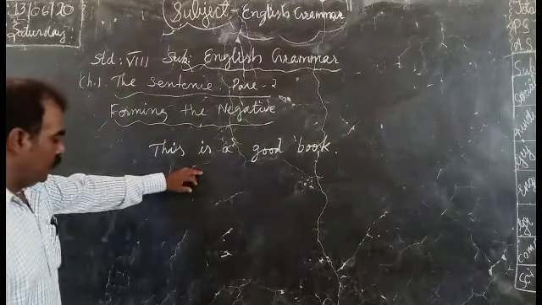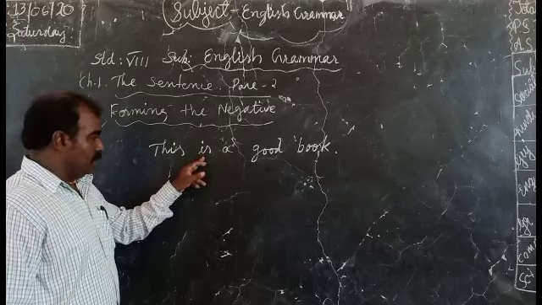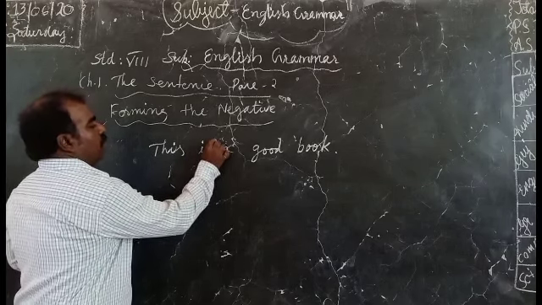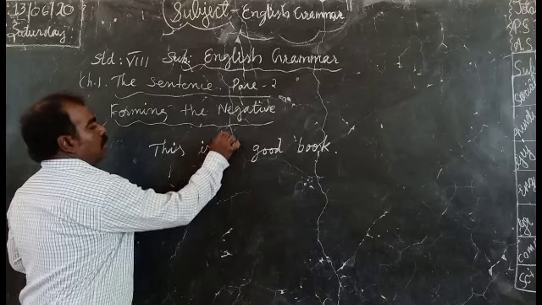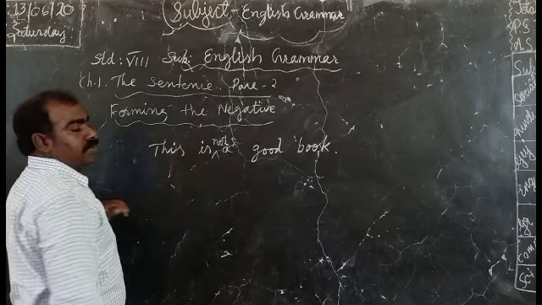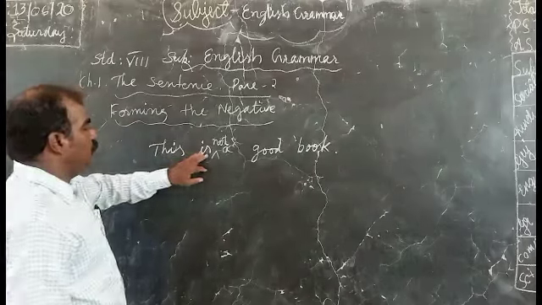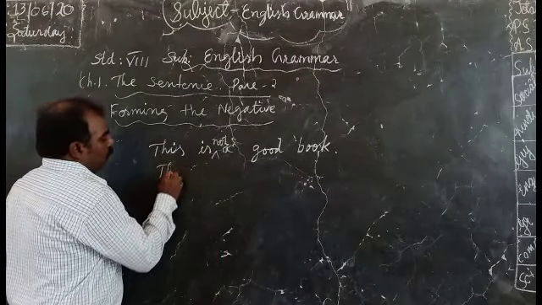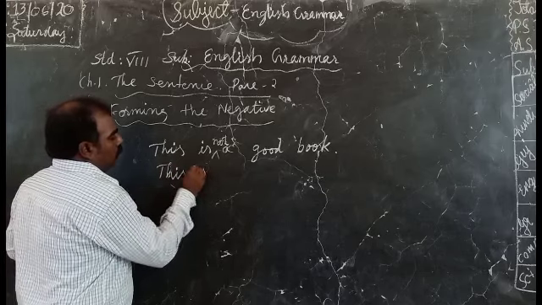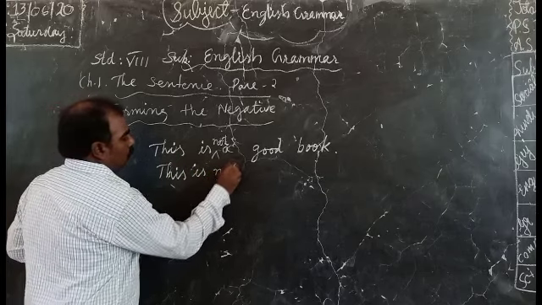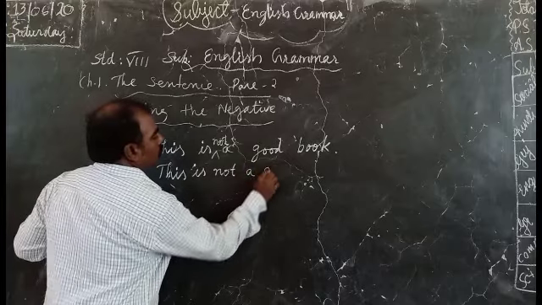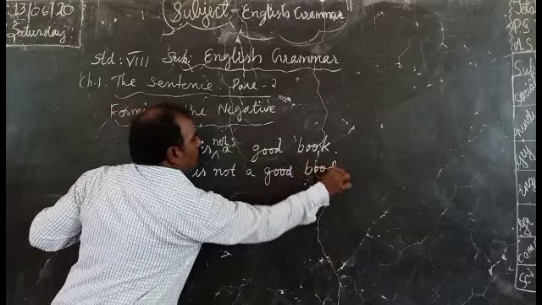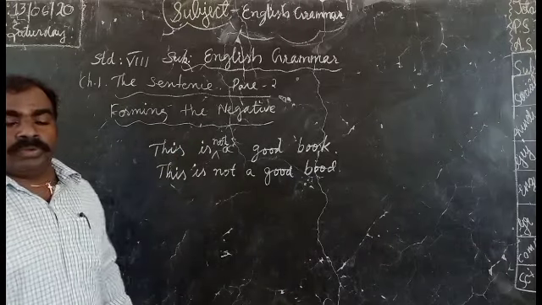What is the auxiliary verb here? It is "is". So we add the negative word not after the first auxiliary. Here we have only one auxiliary verb, "is". So how to write? This is not a good book.